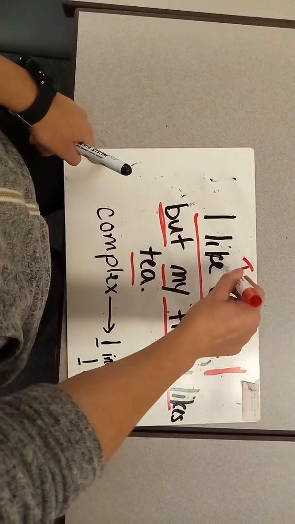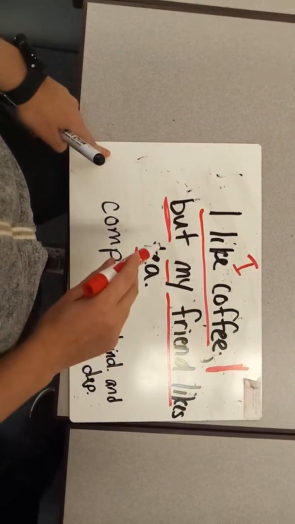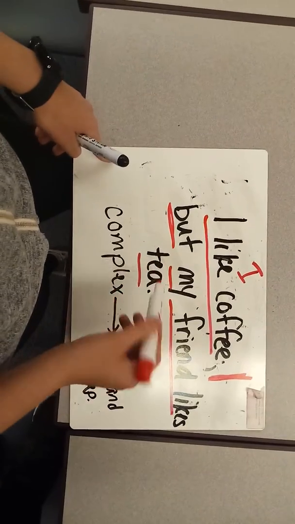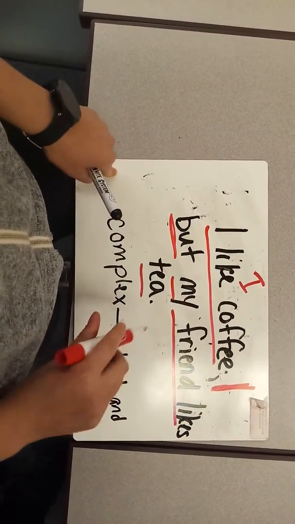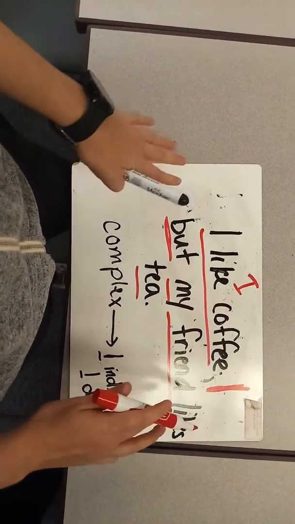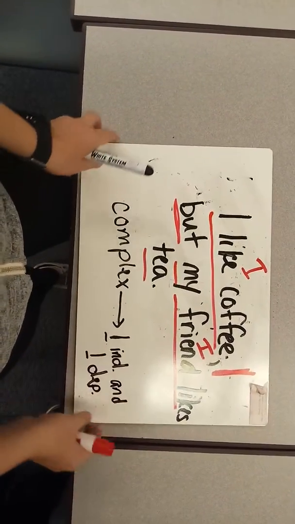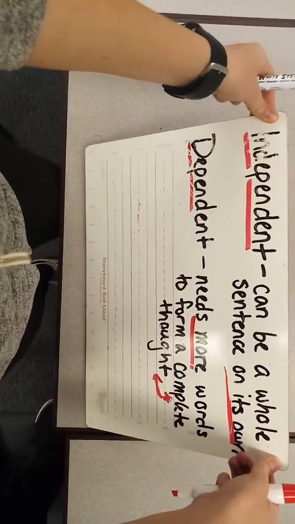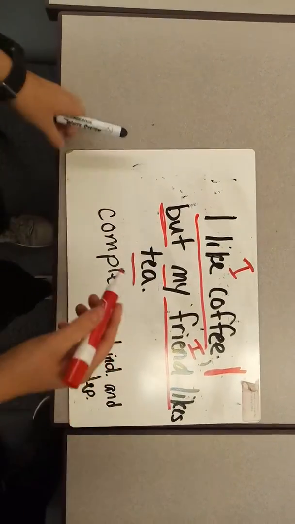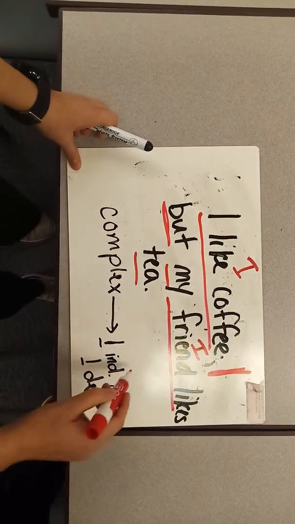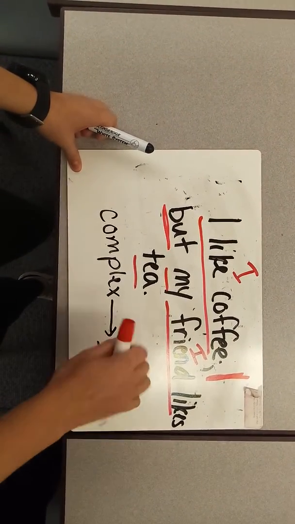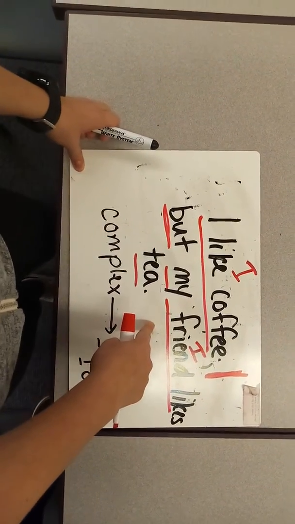So we'll mark that as an independent. But my friend likes tea. Now if we were to take my friend likes tea just by itself, that would also be a whole sentence. Now suddenly we have two independent clauses, remember? Independent means it's by itself. Now a complex sentence is one independent, one dependent. This doesn't have a dependent clause.